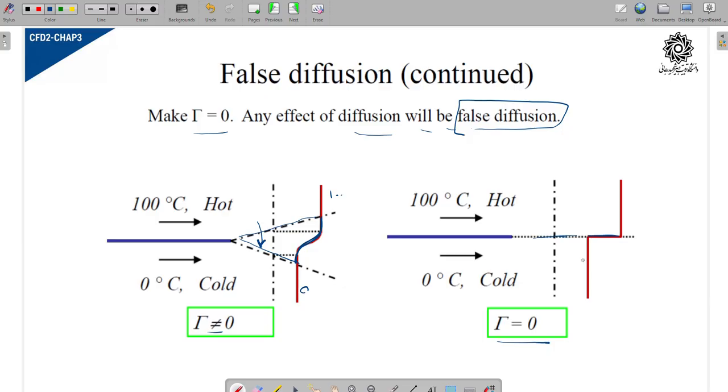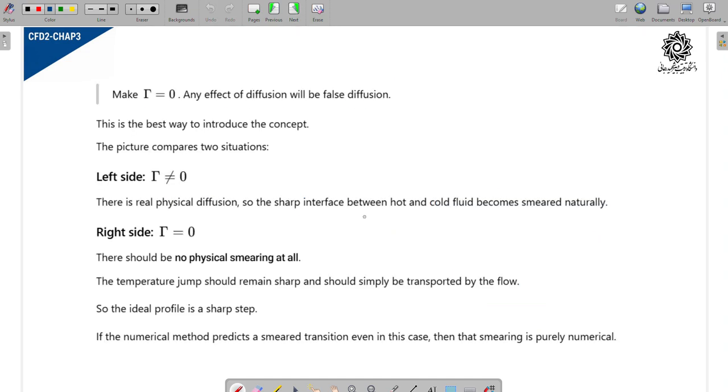This is true, and the temperature curve is a step shape. In the case that gamma equals 0, any effect of diffusion will be false diffusion. This is the best way to introduce the concept of false diffusion.